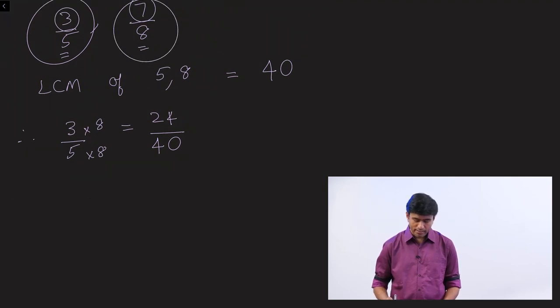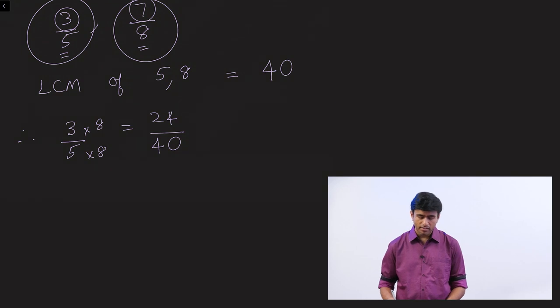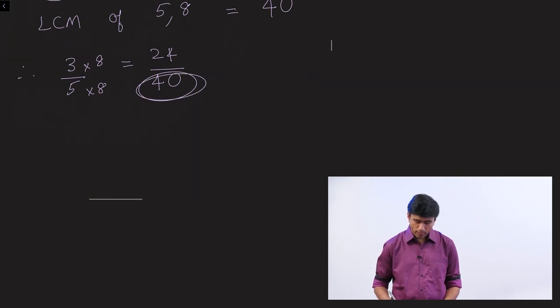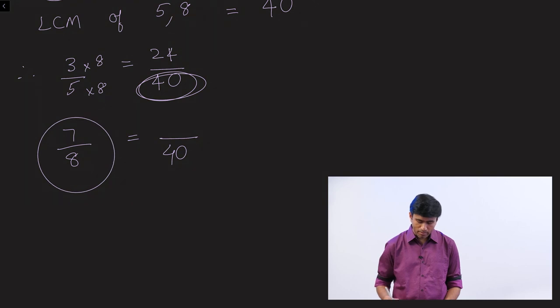We know what like fractions are. Like fractions have the same denominator. So we find the LCM and multiply the numerator and denominator with 8, so that we have the denominator as 40 for this, and we need to have denominator as 40 for this fraction as well.